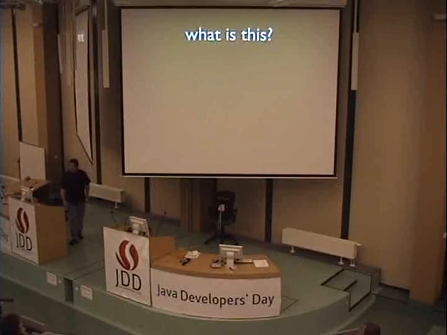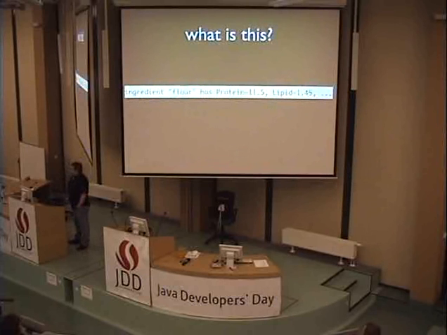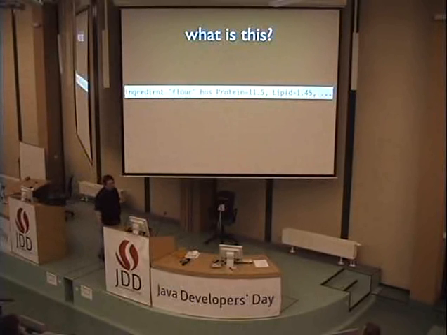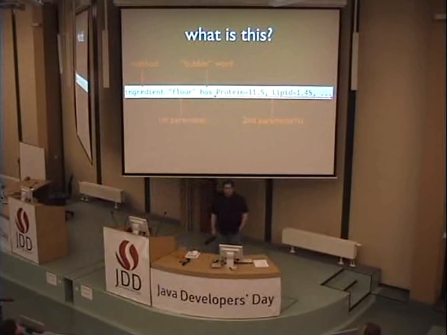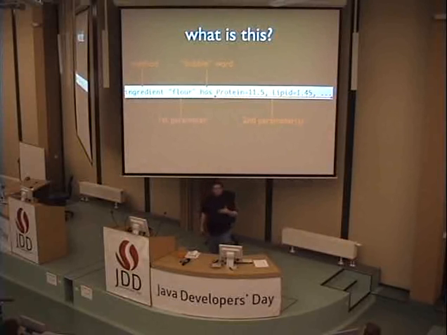But it turns out that this is easily converted into actual Ruby code, because when you look at it as if it were code, then you can think about, well, the first bit of that is a method call. That flour is the first parameter. Has is what's referred to in the DSL world as a bubble word, meaning that it makes it more readable, but it doesn't add anything to the technical definition. It's just there to make it more readable, so it bubbles away and goes away.